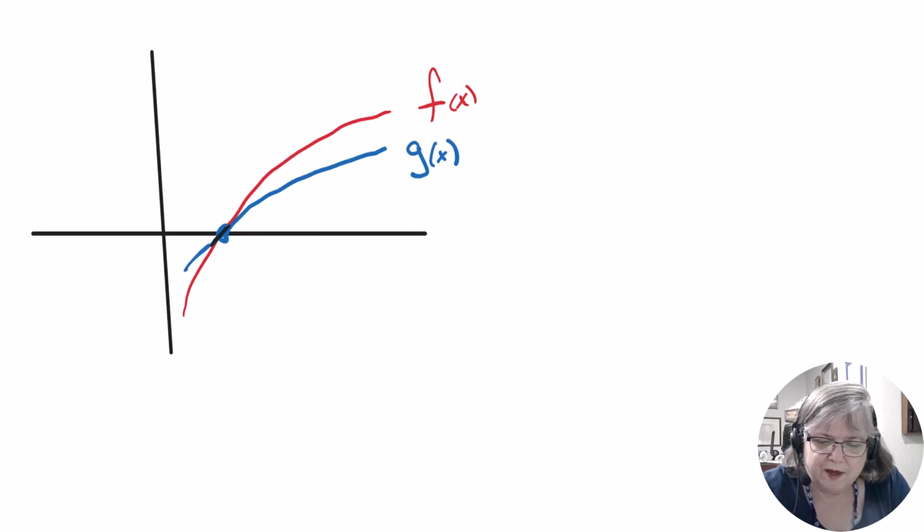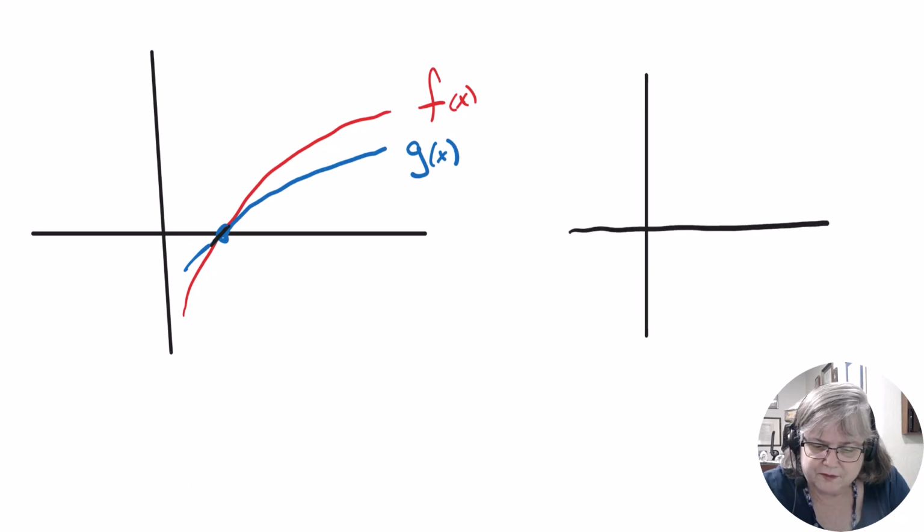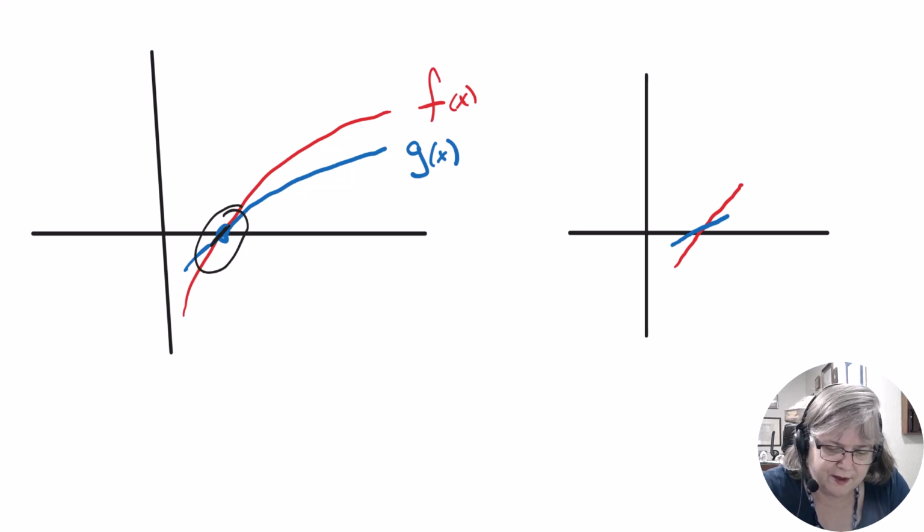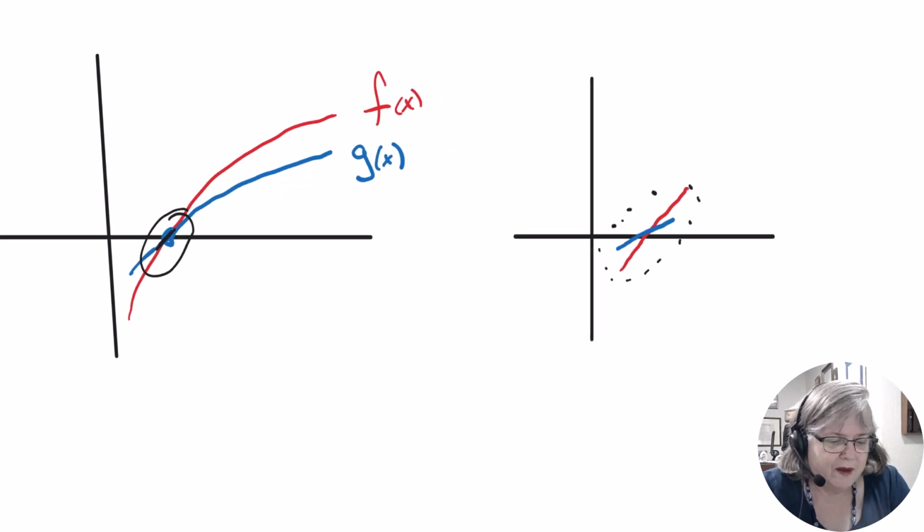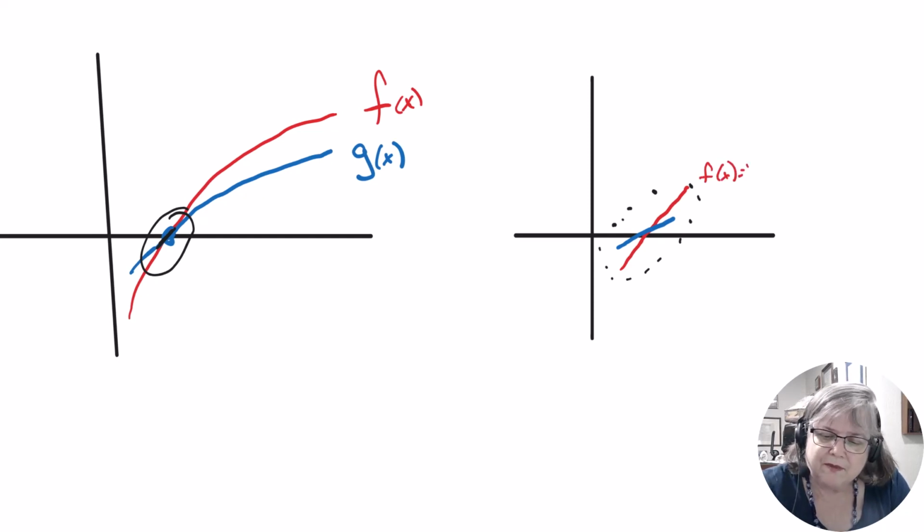So if we blew it up really big in that area, it might look something like this. Right around this area here. So right around this area, that's what we're doing right there. Okay? So this could be theoretically represented by some line equation.